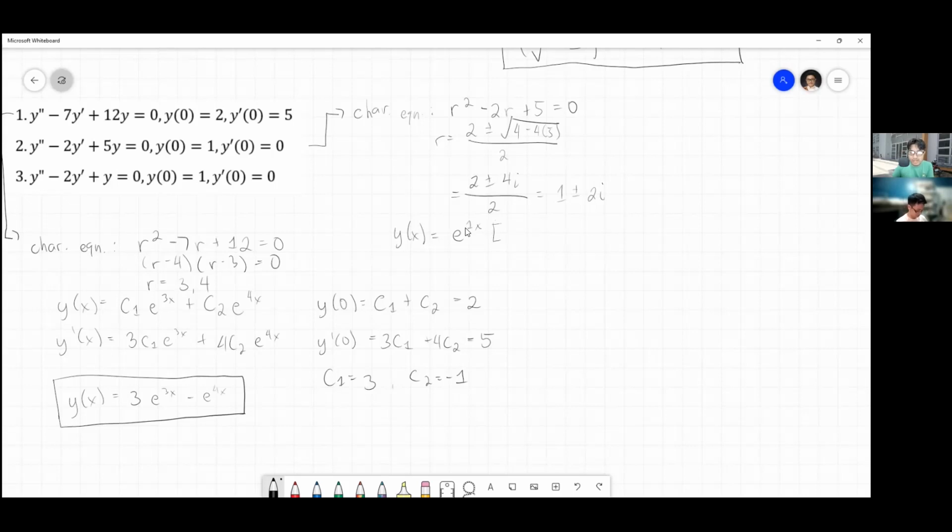Gawin ko tong square bracket. C1 cosine. Okay, tapos dito naman lalagay natin yung imaginary na component ng solution, ng roots natin. 2x plus C2 sine 2x.